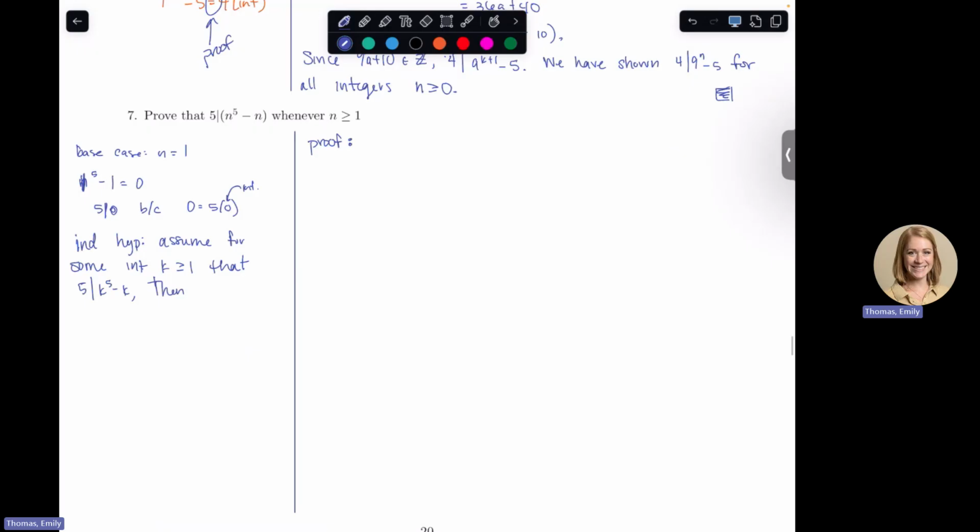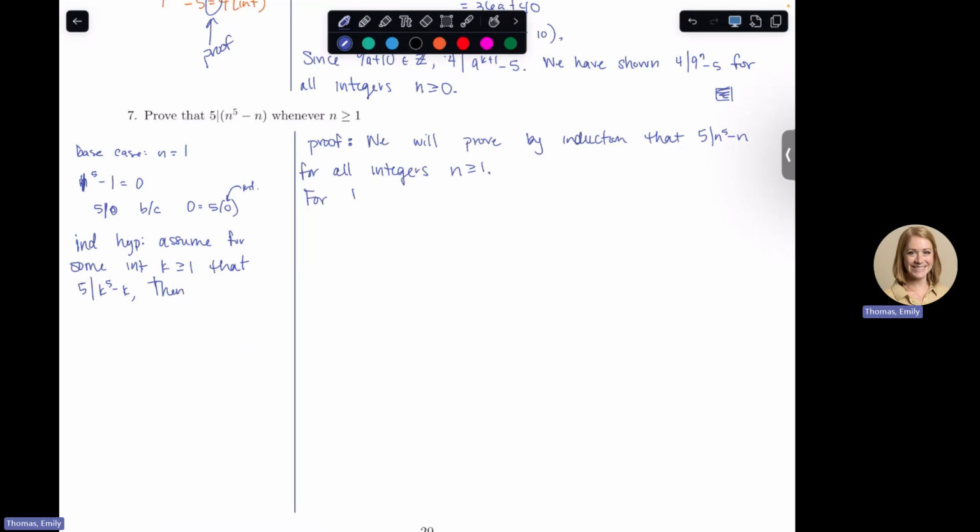I'm going to write a proof if y'all are ready for me to. Okay, sounds like y'all are all at that stage, right? We will prove by induction that 5 divides n to the fifth minus n for all integers n greater than or equal to 1.